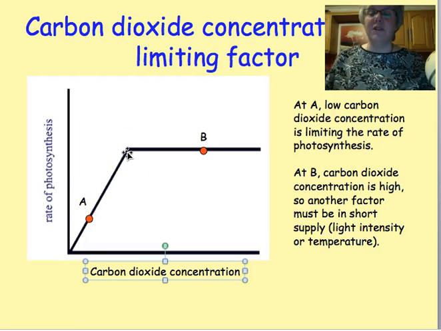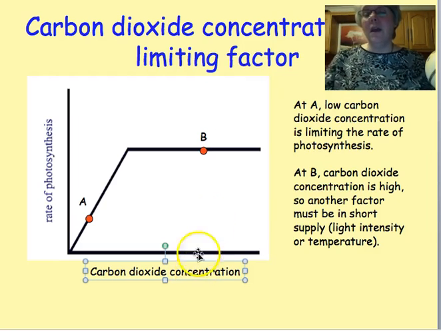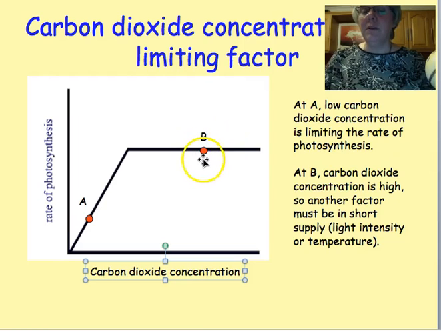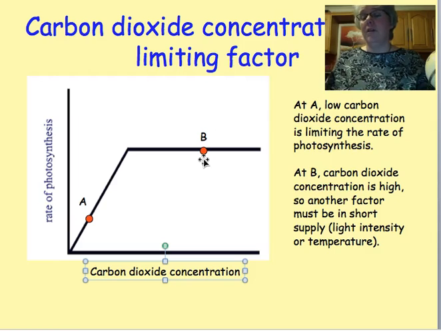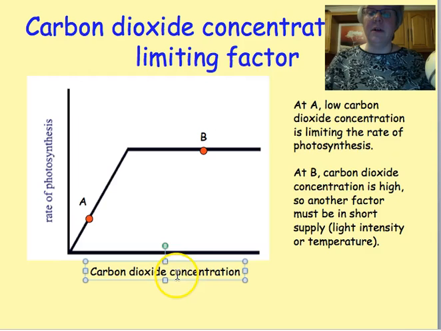So if the question said, what is limiting photosynthesis at point A, then the answer would be carbon dioxide concentration. If, though, the question was asking what is limiting photosynthesis at point B on the graph, then the answer would be either light intensity or the temperature, something other than the carbon dioxide concentration.